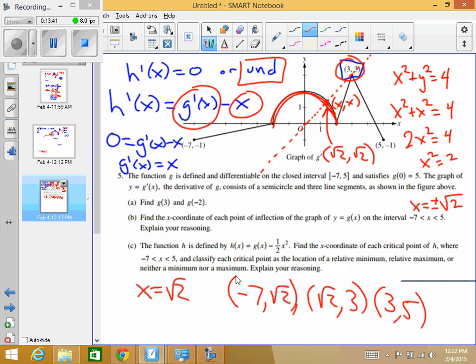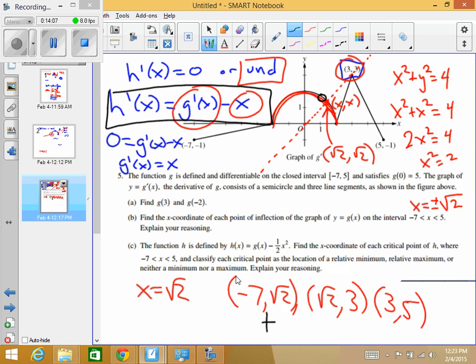Looking at the square root of 2, choose numbers smaller than square root of 2. I'll just go circle one. Our g prime of x is going to be bigger than square root of 2, minus square root of 2, using my h prime x formula. That's going to give me a tiny positive number right there.